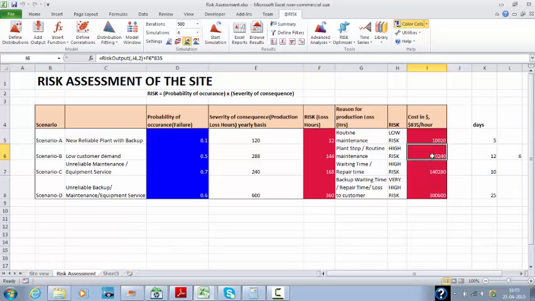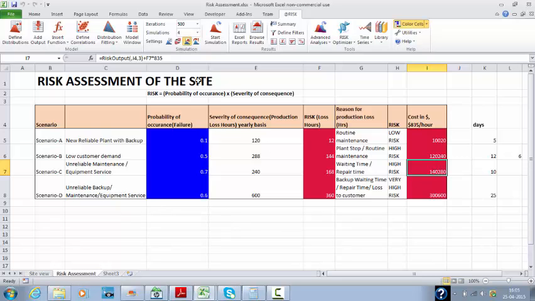And similarly, as I told you, for the stoppage of the plant for low customer demand, we have invested capital in it, and are we getting the return on the capital? So several factors come into this picture, and this one is only the loss due to production, and we have not factored in the maintenance here. This is going to be an additional cost to the maintenance as well.